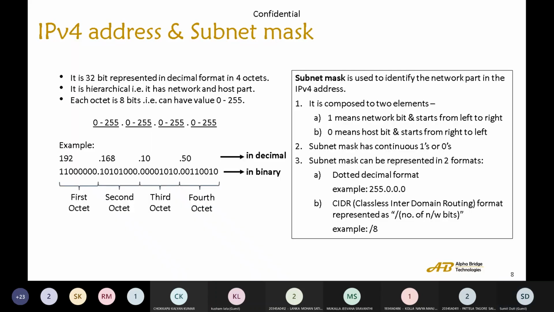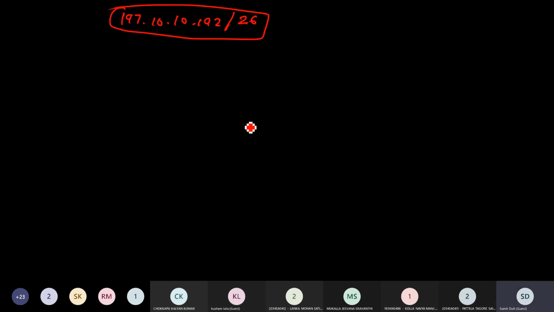So far we achieved that the new IP address is 197.10.10.192, and the new subnet mask is 26. Park this somewhere.